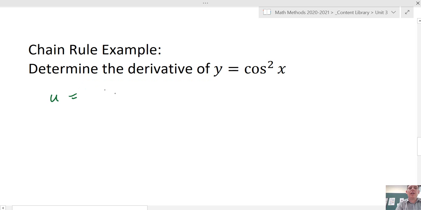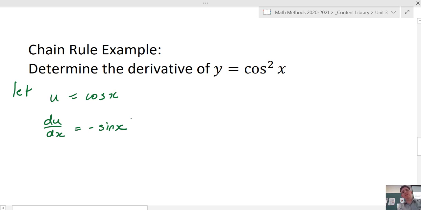So the first step, same as the last one. Oh, no, it's not actually. Ignore me. There's no v this time. The derivative of u, we did it last question, is negative sine x.